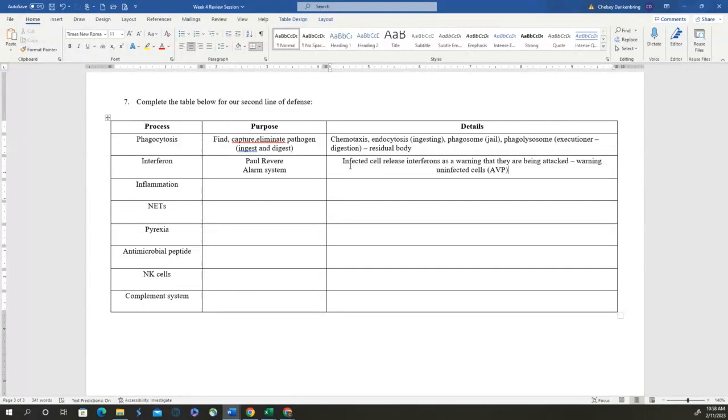If the cells kind of check themselves and they're fine, then they're going to make those AVPs, get their little military ready, and they stand guard. And if a virus tries to get in, they break it down. They also go and kind of call in the big dogs. They alert our specific immunity that you'll learn next week. Hey, we're under attack. We may need you. And to get ready, we're not sure how bad it is, but you might be needed.